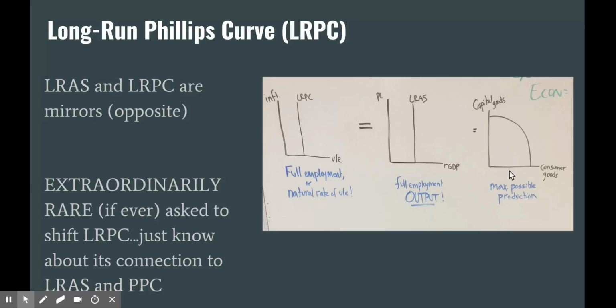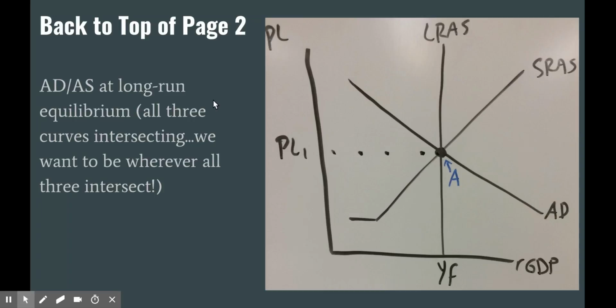The PPC showing our maximum possible production of capital and consumer goods given current resources and technology. And again, those two have the same shifters, the PPC and LRAS. Technology, quantity, and quality of resources, or worker productivity, if workers are better trained or better educated. So if they ever ask about long run Phillips curve and LRAS, they are mirror images of each other, and you have that explanation on your handout.